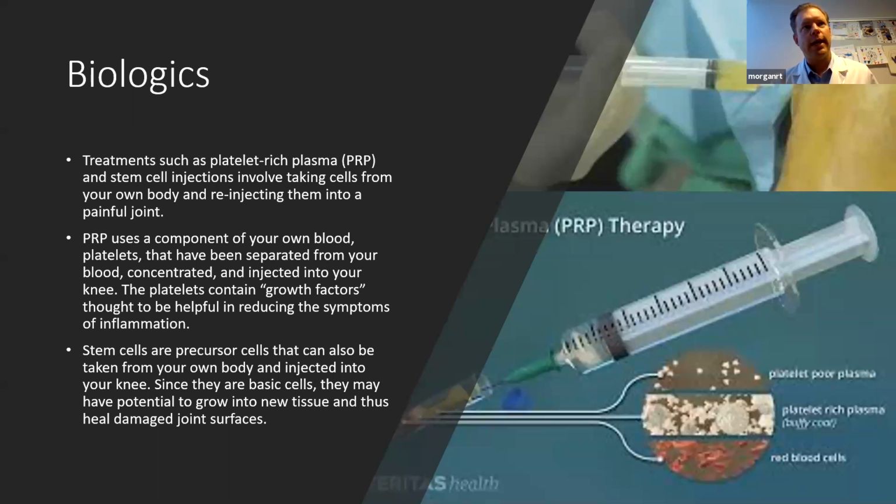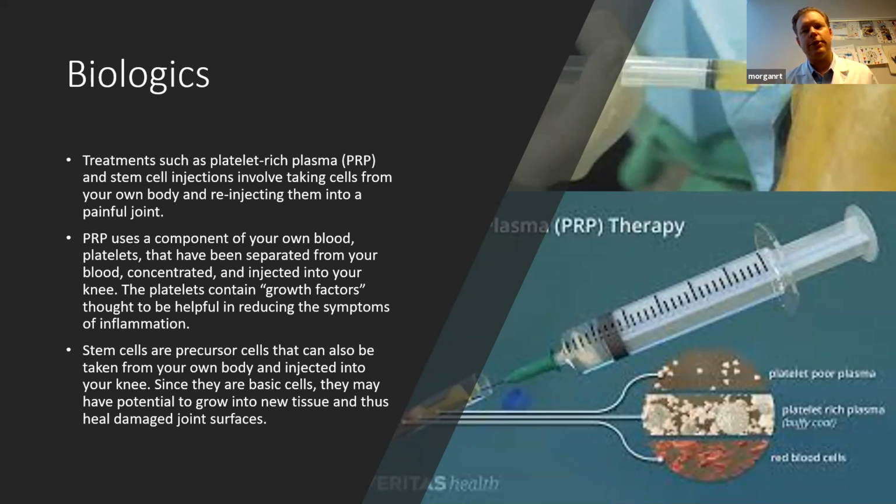So if you look at the picture on the bottom right, you can see that in the blood, once we've separated it out with a centrifuge, you get the red blood cell layer, you get the platelet-rich plasma, which is that buffy coat, and then the platelet-poor plasma. So the plasma is the clear part of your blood.